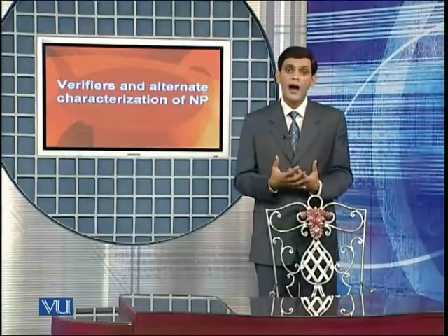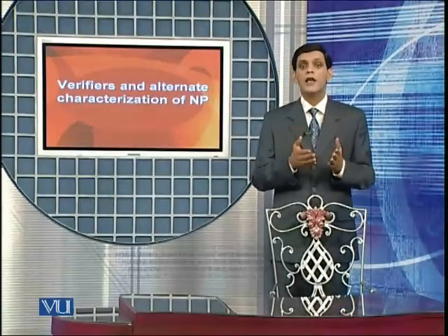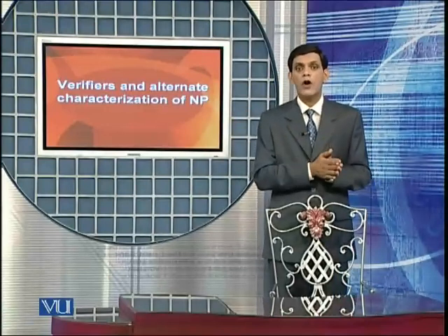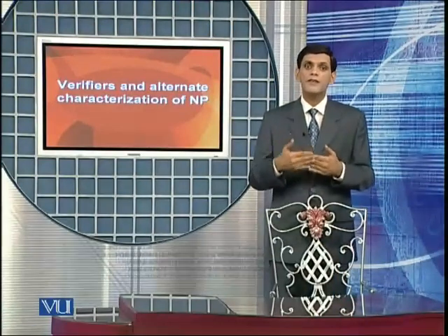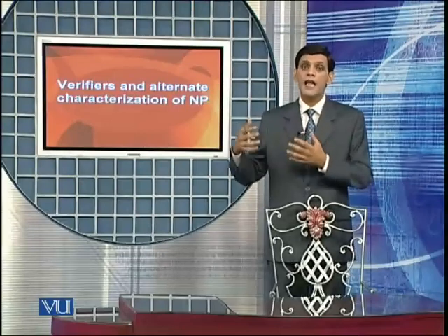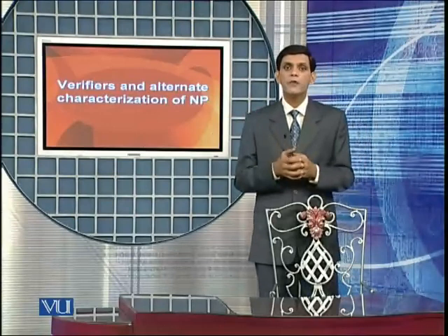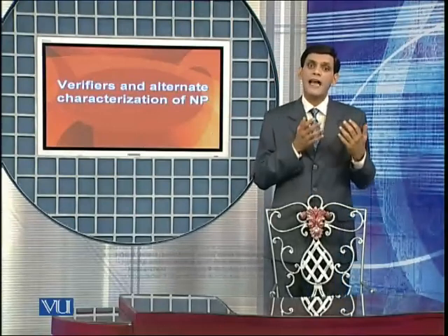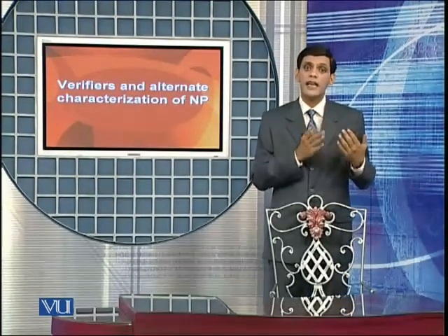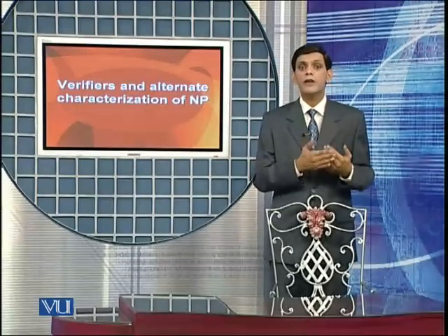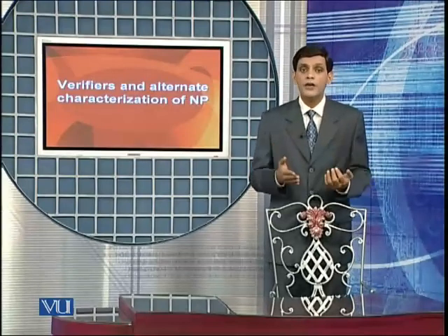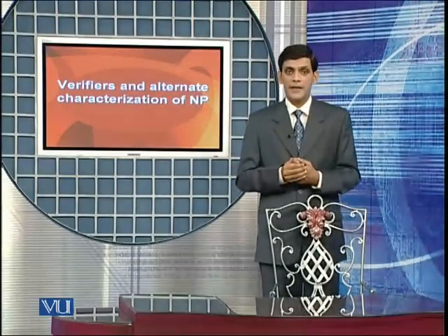Remember that we defined NP to be the non-deterministic analog of P. So P was the set of all problems that we could solve by deterministic polynomial time algorithms. NP was the set of all languages that were recognized by non-deterministic Turing machines in non-deterministic polynomial time.